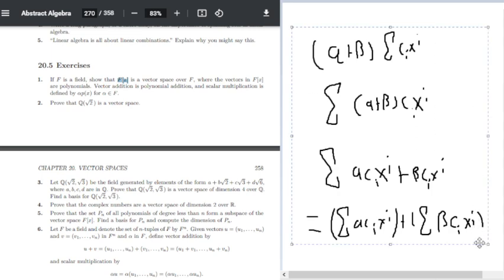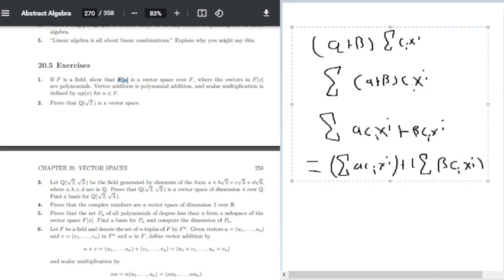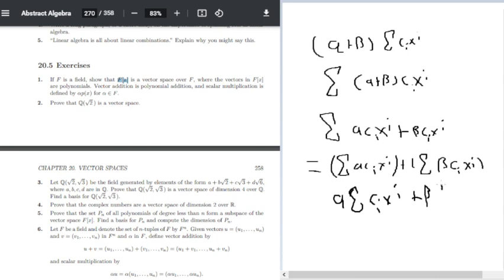Take this, knock it up, to get, oh gosh, what is it? My brain is failing me right now, please. Okay, it is equal to alpha times the sum of c_i x^i plus beta times the sum of c_i x^i.